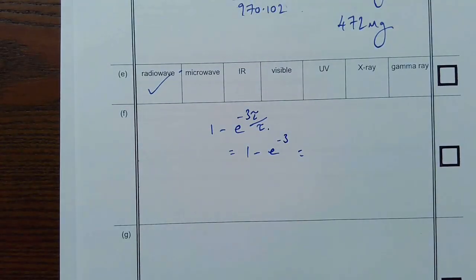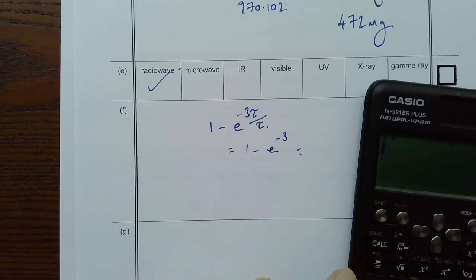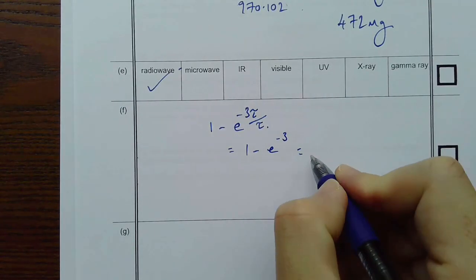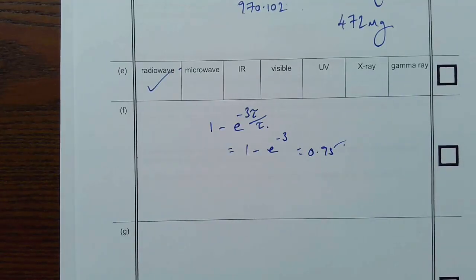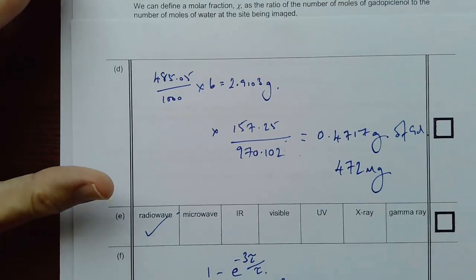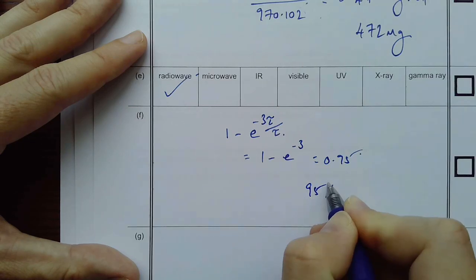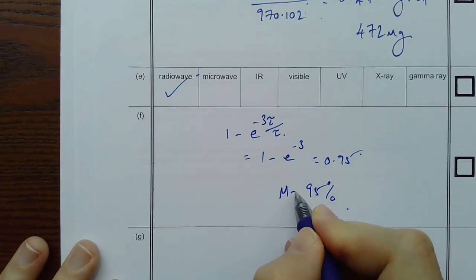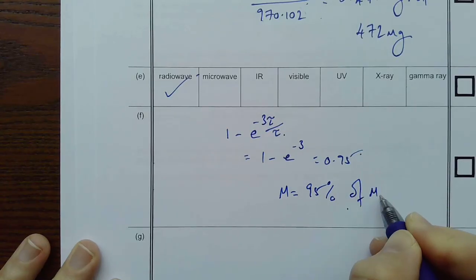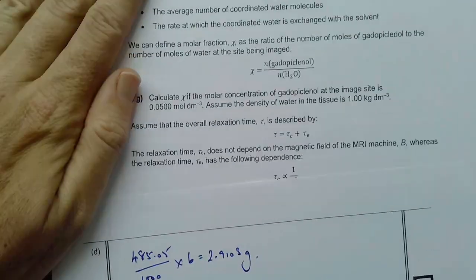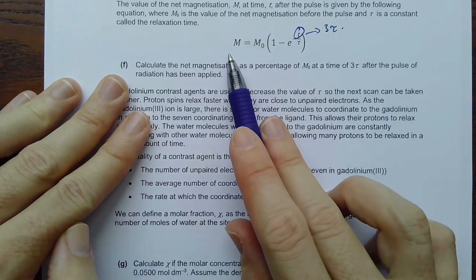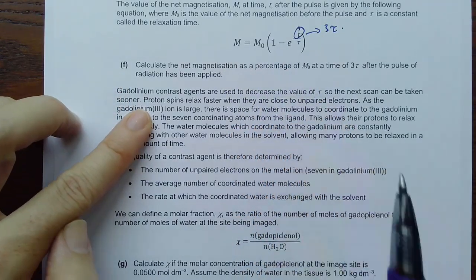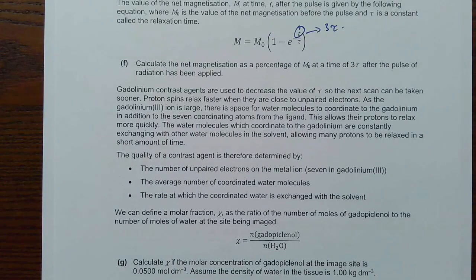If you just do that, I get 0.95. But I am asked as a percentage, so you want to go for 95%. So your M is 95% of M0. That's how you would get the net magnetization: your initial magnetization multiplied by this factor, and that's going to be 95%.